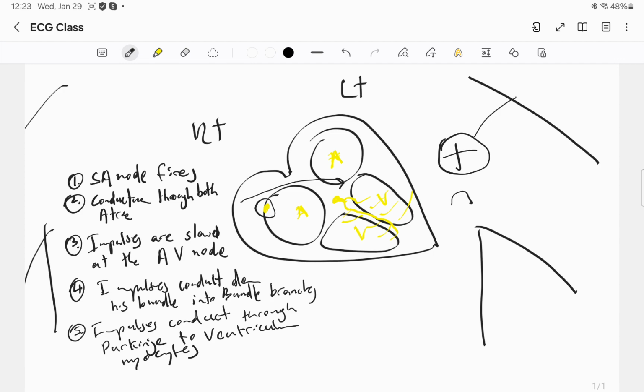A lot of these individual structures are too small to be reflected on the surface electrodes, which are the electrodes that are on our skin, right? What we really see on the ECG is the mean electrical vector of the depolarization of large areas of cardiac tissue, right? And okay, so that's one major concept.